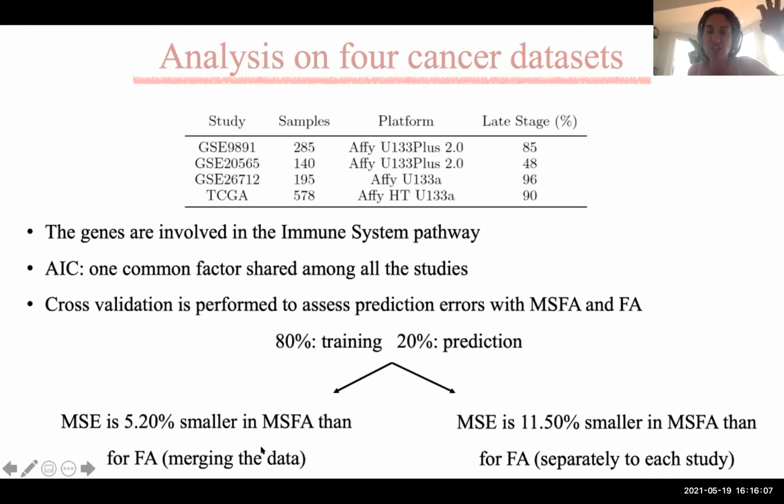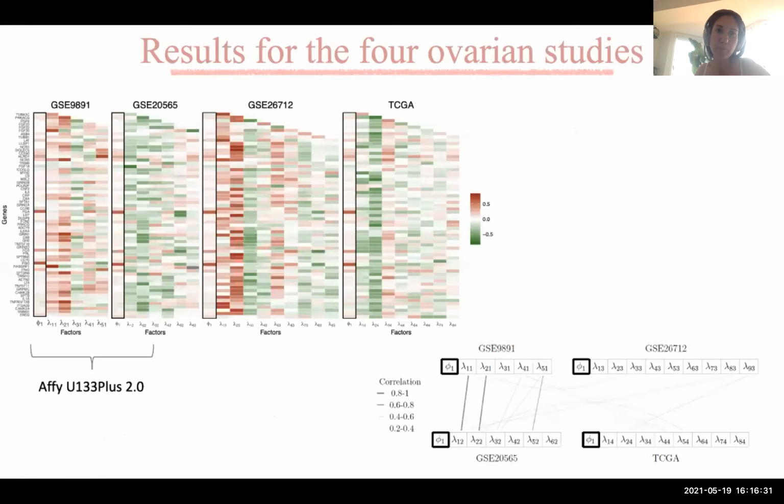In the first one, I just merged all the studies and performed the factor analysis, so here we have just the common. In the second setting, instead, I applied the factor analysis separately to each study. And as you can see, the mean square error is smaller for the multi-study factor analysis in these two different settings.